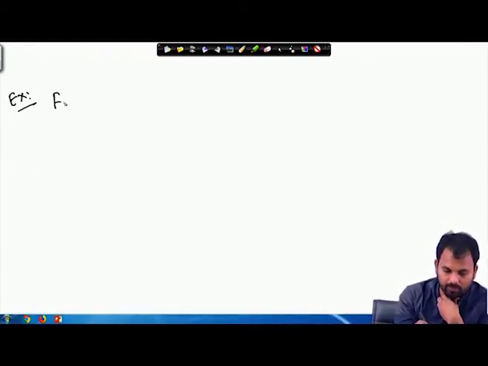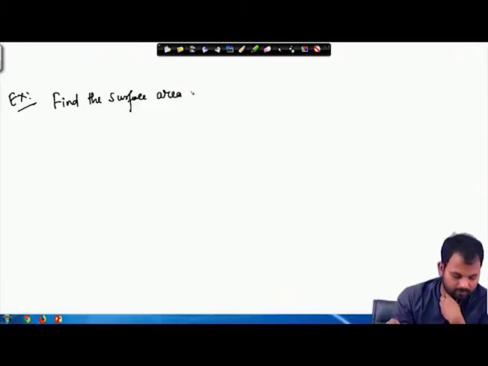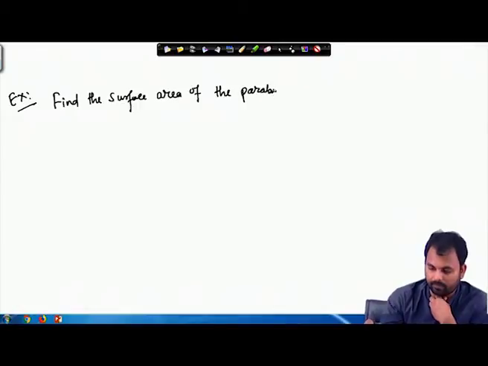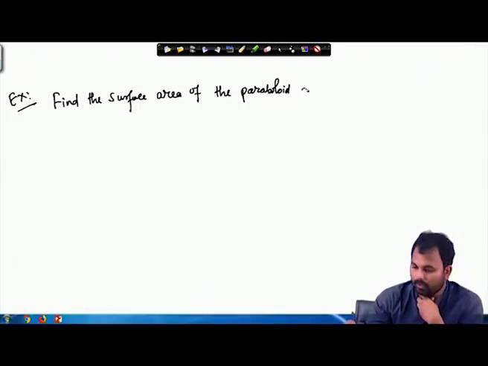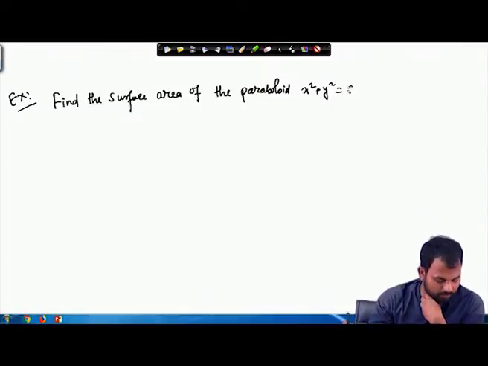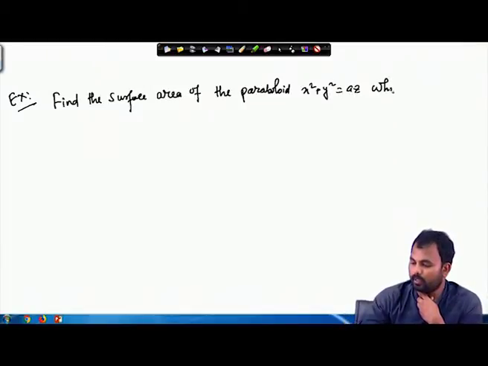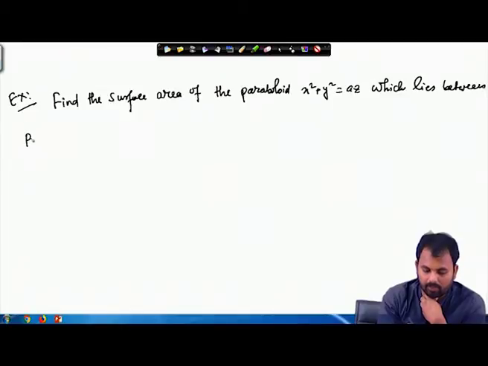So find the surface area of the paraboloid x square plus y square equals to az, which lies between the planes z equals to 0 and z equals to a.